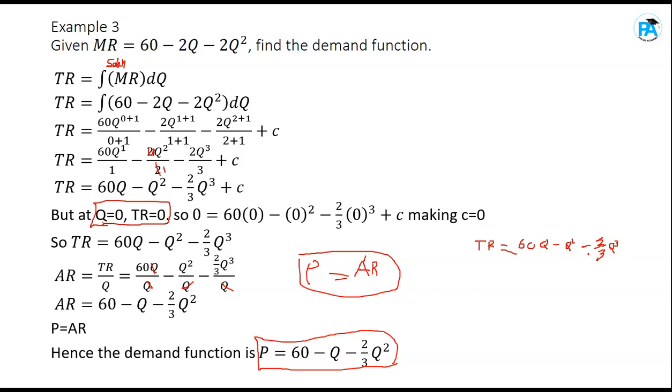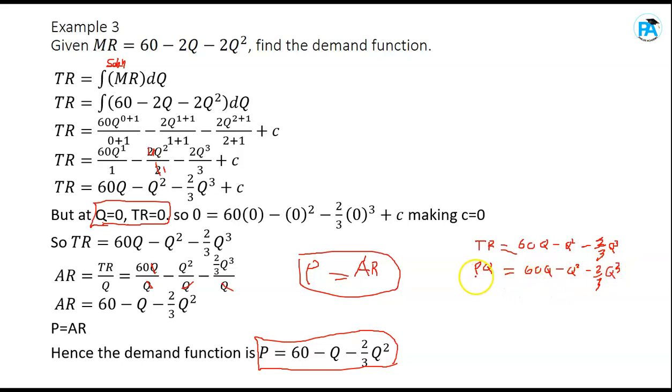Someone also would have done it like that. Listen, you should know that total revenue is equal to price times quantity. Are you following? So you replace TR with PQ. When you replace it with PQ, you have PQ equals 60Q minus Q square minus 2 over 3 Q cube.